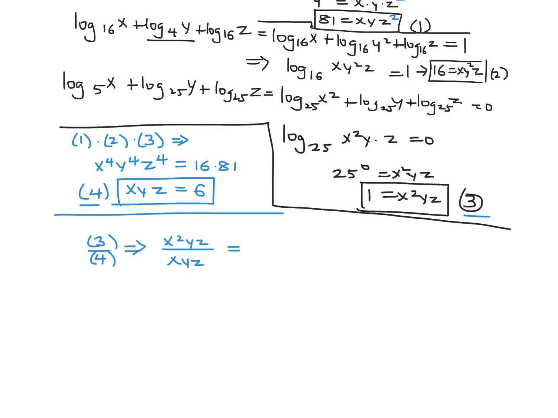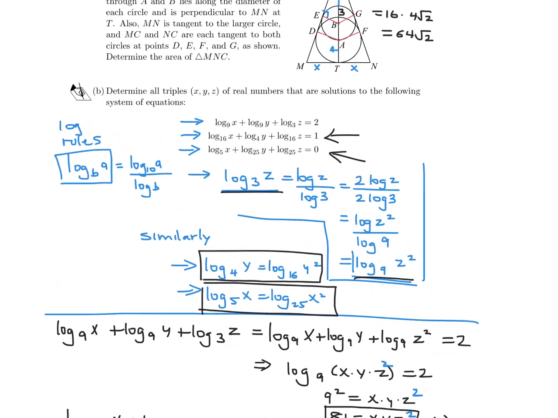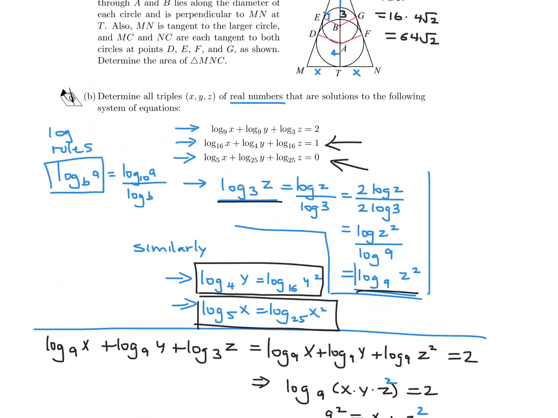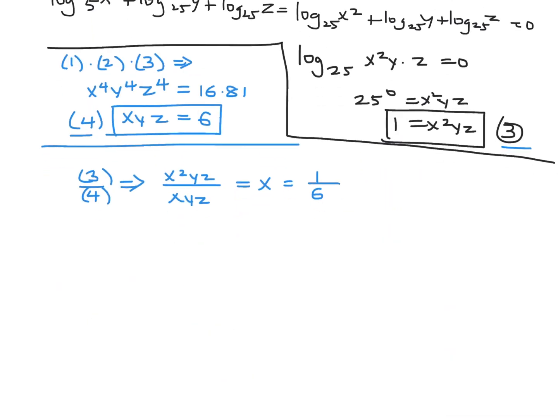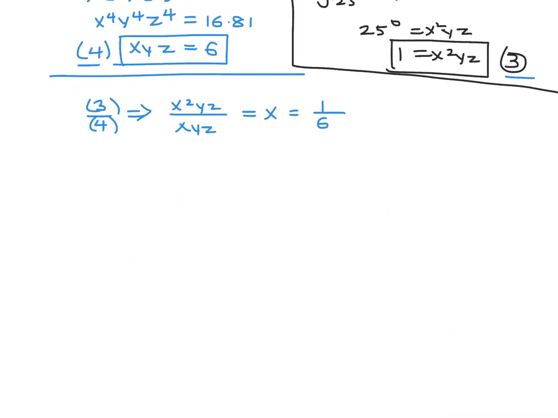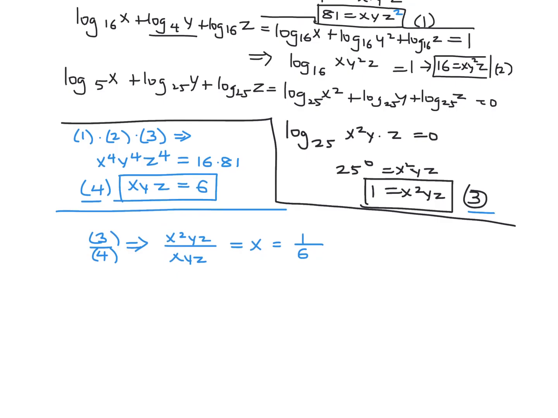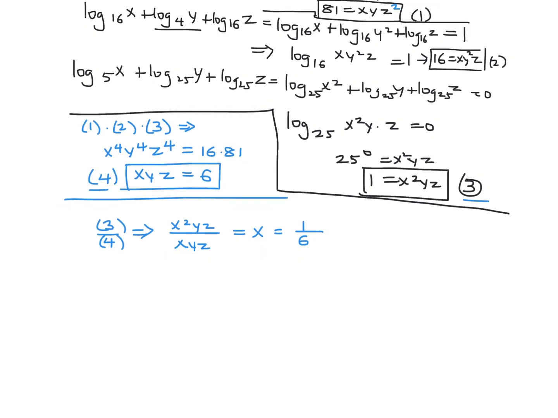And then that would basically just leave me with x. And then x squared yz was 1, and then xyz was 6. So x is 1 over 6. Okay, is that allowed? Are these integers? No, they're just real numbers. Ah, okay. They're not integers. I was wondering if I'd messed up again. Okay, so that's good. At least I'm on the right track. So I've got 1 over 6 for x.